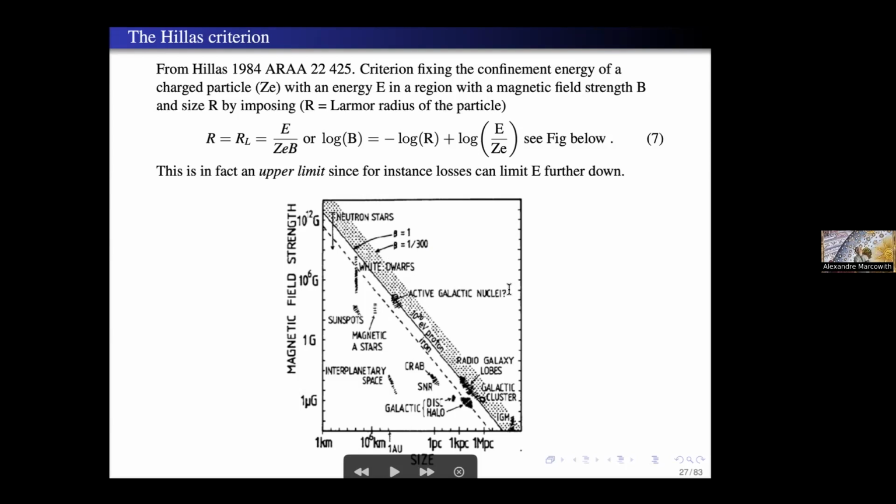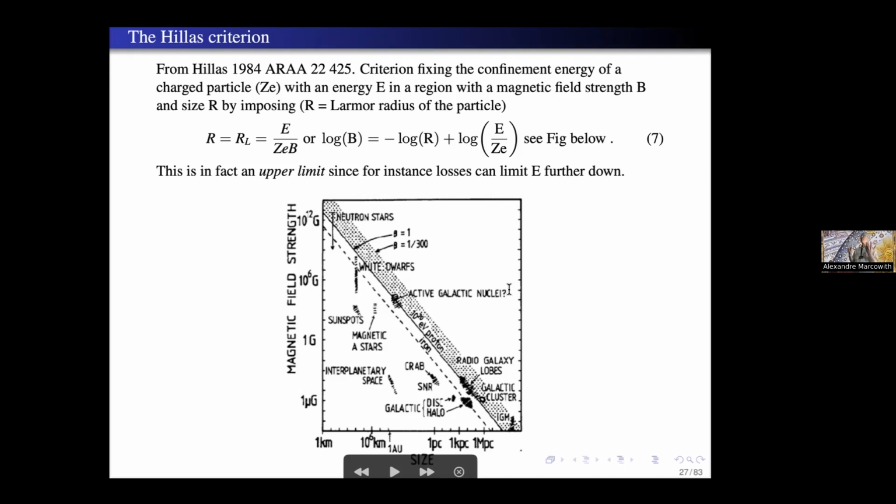So you plot the log of the magnetic field against the log of the source size, and for different energies and charges, you can see, for different types of objects with different size and magnetic field, what is the typical confinement energy, the maximum energy a particle can reach in that source. This is the Hillas criterion.